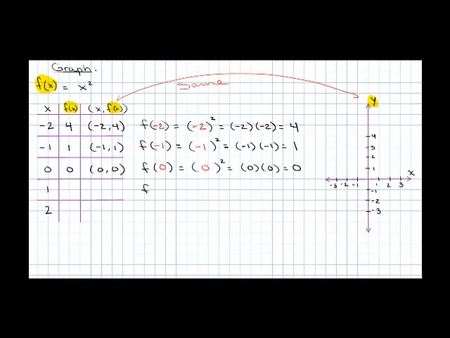And f of 1 is going to be 1 squared, and 1 squared is just 1 times 1, which is 1.